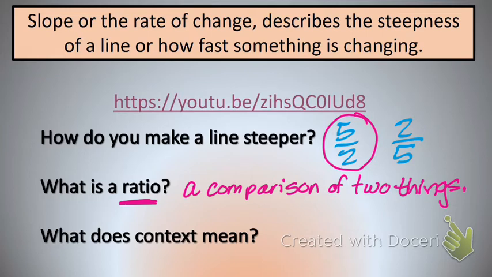Okay, what does context mean? We talked about this word a bit this year so far. What does context mean? Put that word down, okay? No one? So context just means a real life situation, a real life scenario.